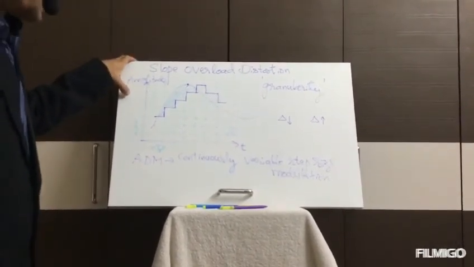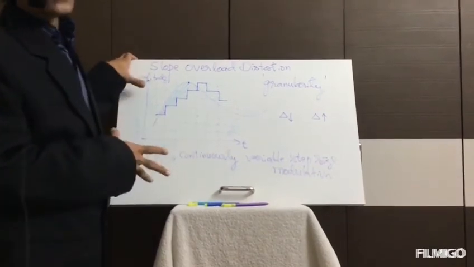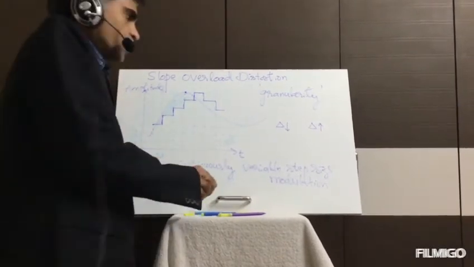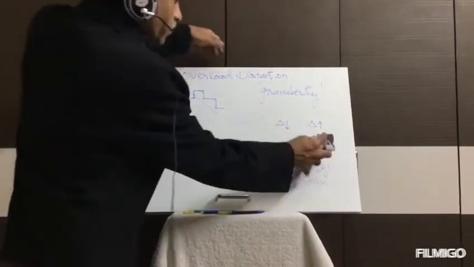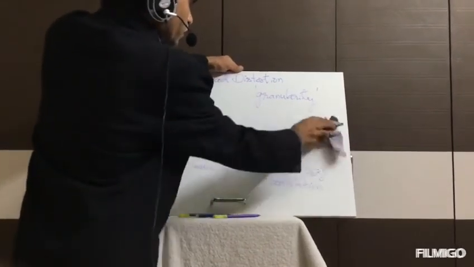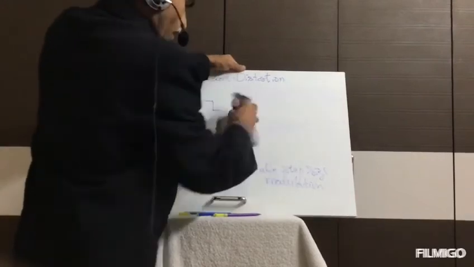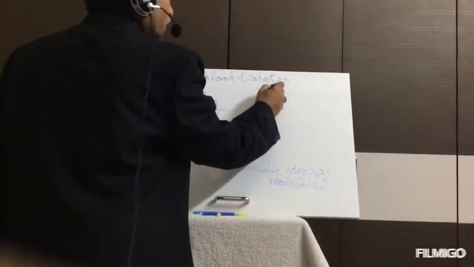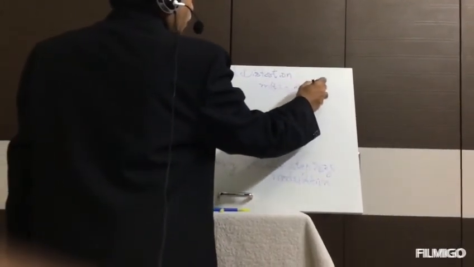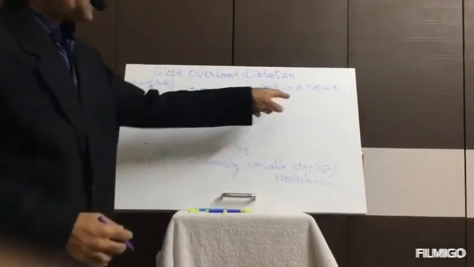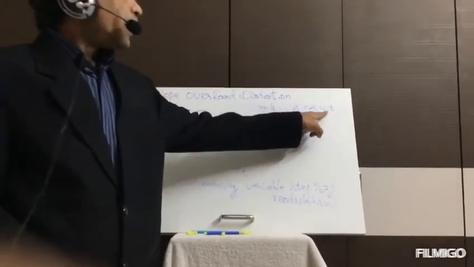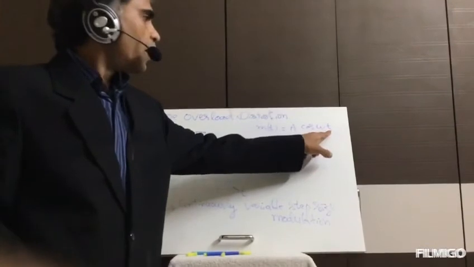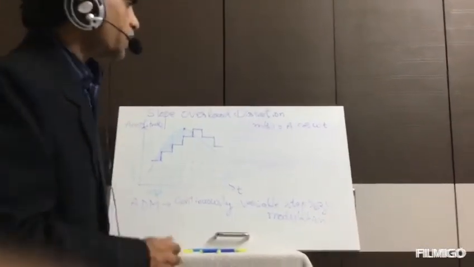Hence both of these difficulties can be overcome in adaptive delta modulation. So there is one mathematical condition also to overcome slope overload distortion in the delta modulator. Let me give that also. Let us assume the input signal to be m of t, given by A cos omega t, where A is the maximum amplitude of the signal, omega is the angular frequency measured in radians per second, and t is the instant of time measured in seconds.